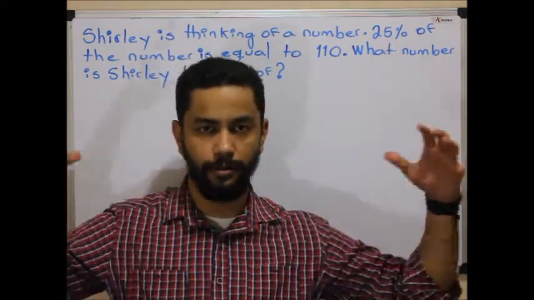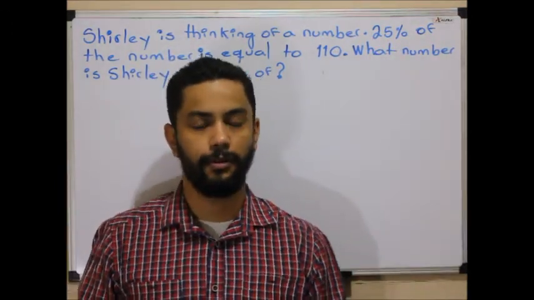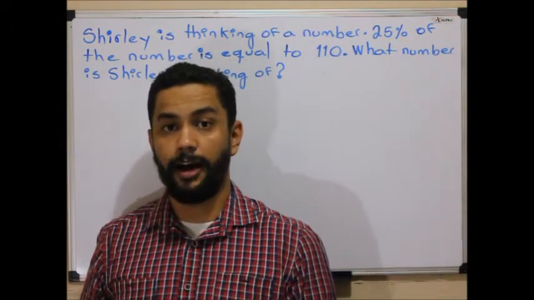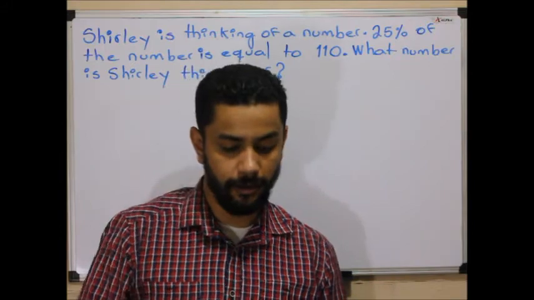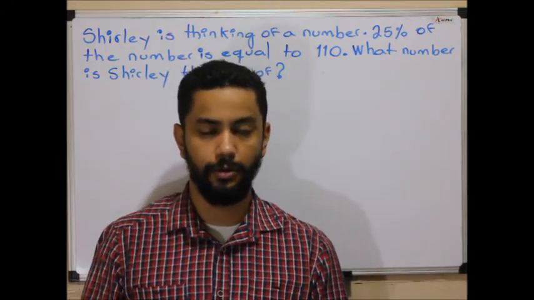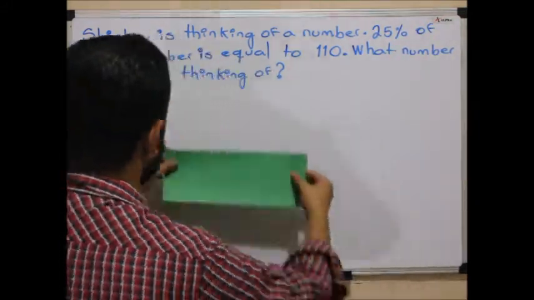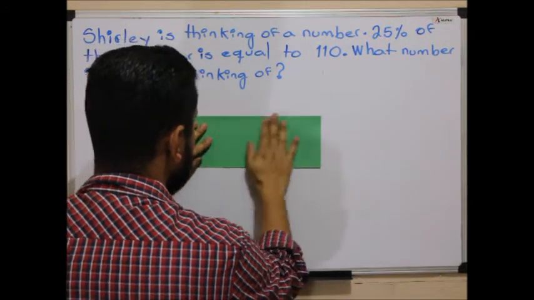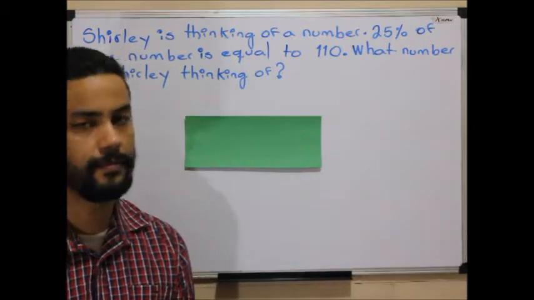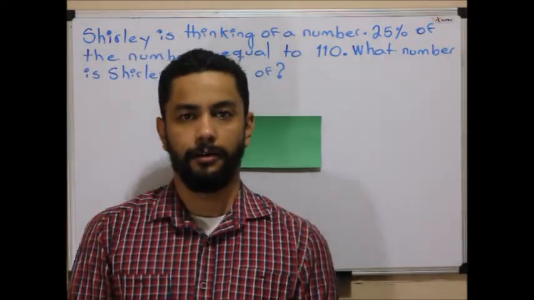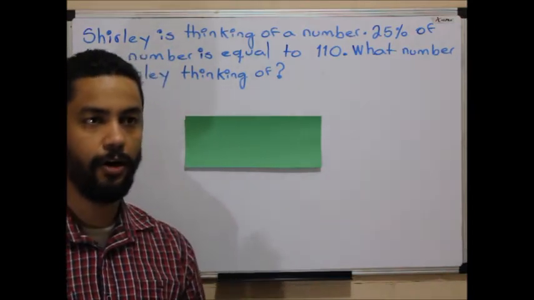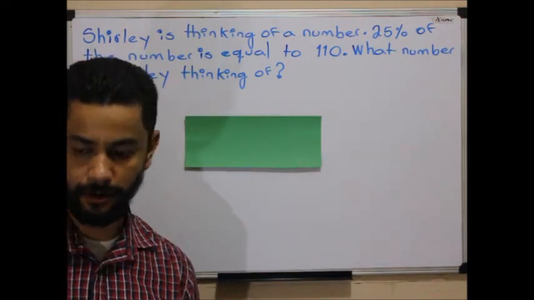So to represent all our figure, or our unknown number, we're going to use a model. We're going to say that this green square represents the 100% of that number.